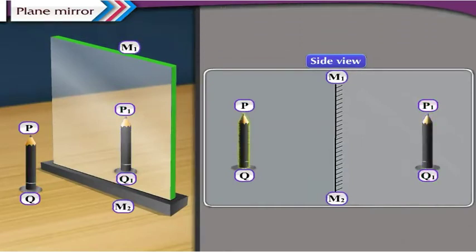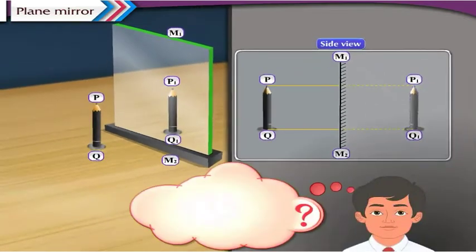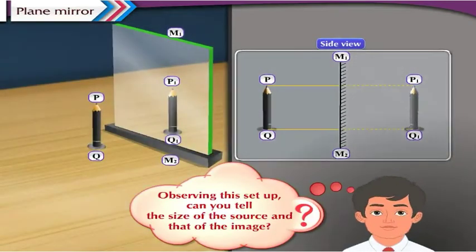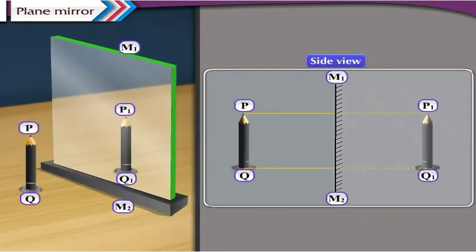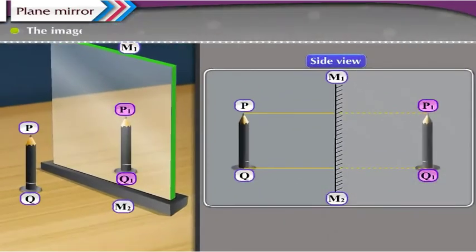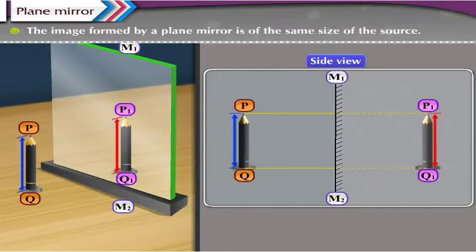Similarly, images of all points between P and Q are formed between P1 and Q1, resulting in the image P1, Q1 of the entire extended source. Observing this setup, can you tell the size of the source and that of the image? Yes, the image formed by a plane mirror is of the same size as the source.